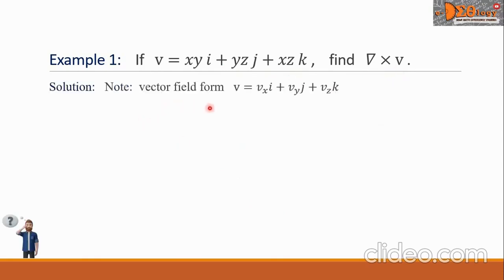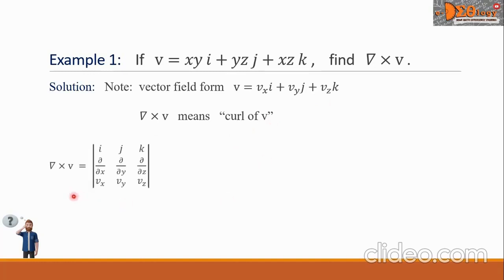Note that the vector field form is v equals v sub x i plus v sub y j plus v sub z k. Also, the gradient cross v means curl of v.